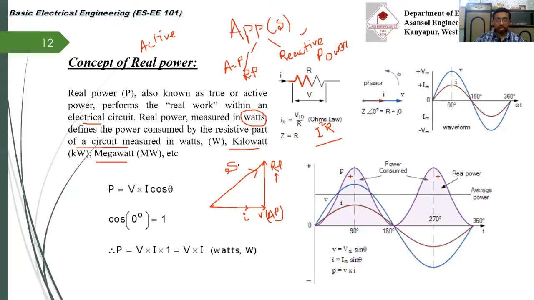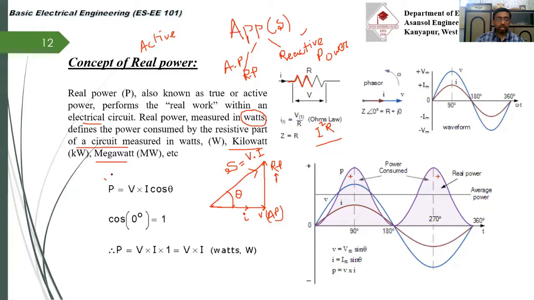So apparent power S is called the multiplication of V into I. Correct? Now here it is making some angle theta. So what is our active power? That is S into cos theta, that means V into I into cos theta.